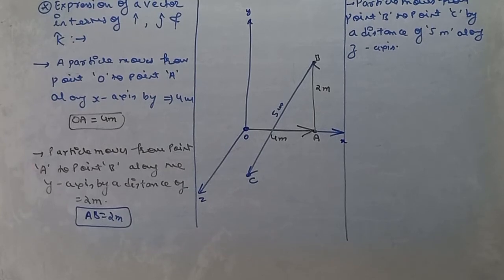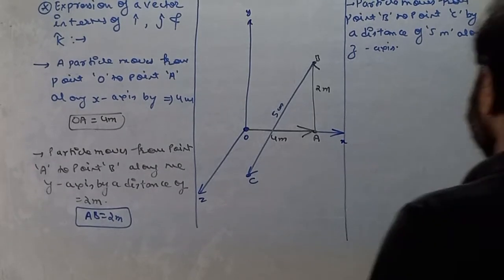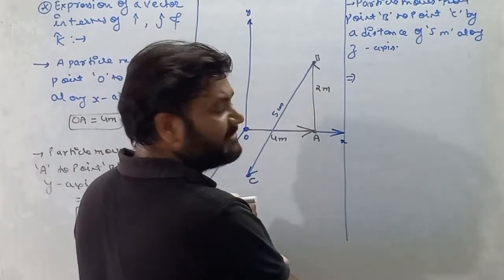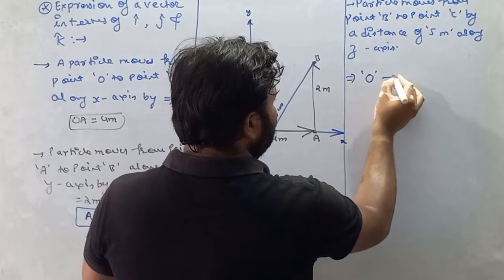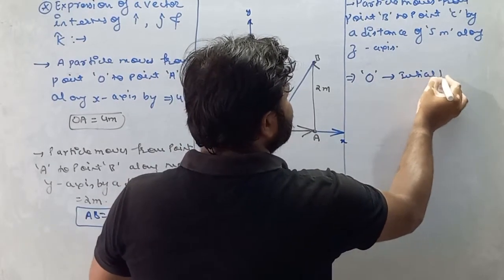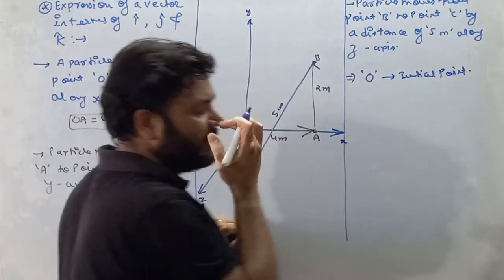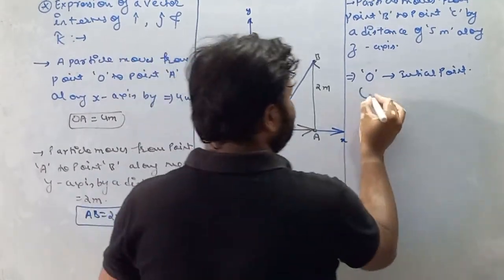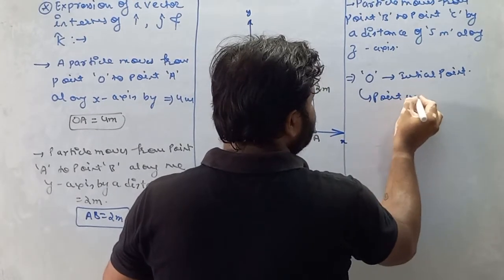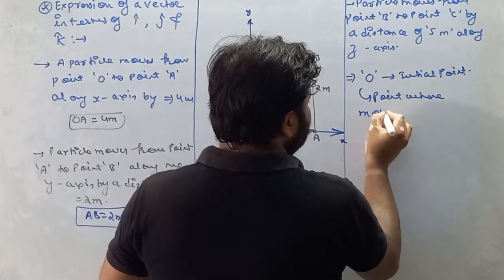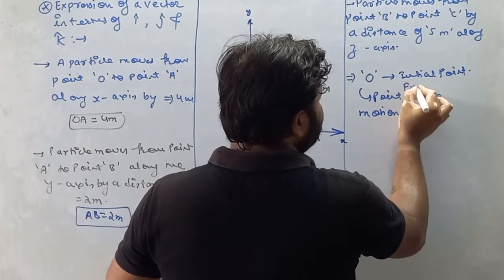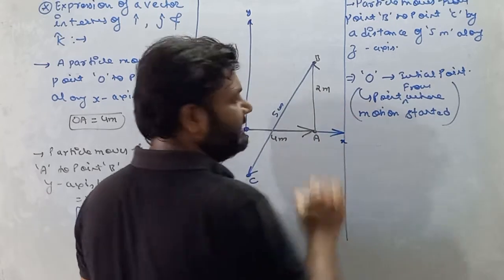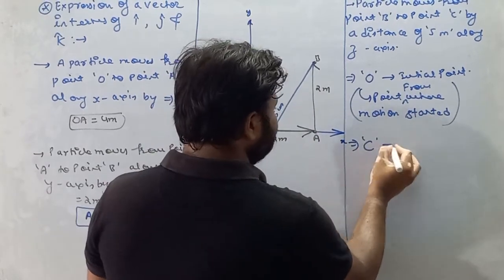What we see here, beta, is that O is the starting point and C is the last point, or we can say the final point. So O is considered to be the initial point. What is the meaning of initial point? The point from where motion started is called initial point. And C is your final point.